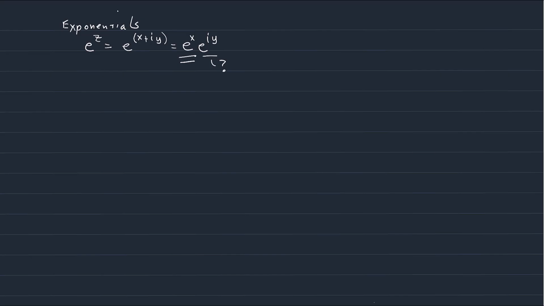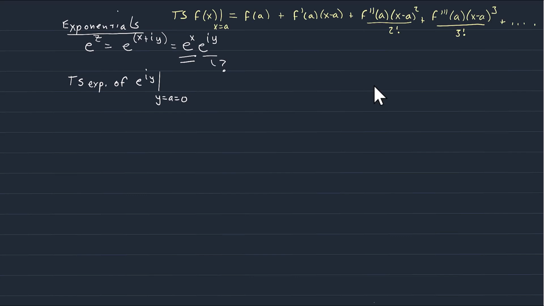So to gain some insight on what e to the iy power is, let's take the Taylor series expansion of e to the iy evaluated at y equal to a, and we'll set a equal to 0.